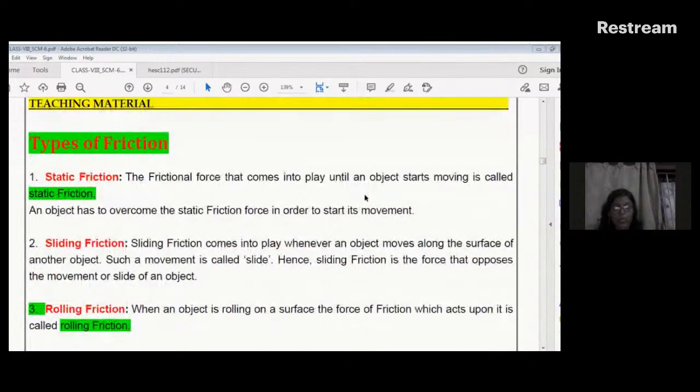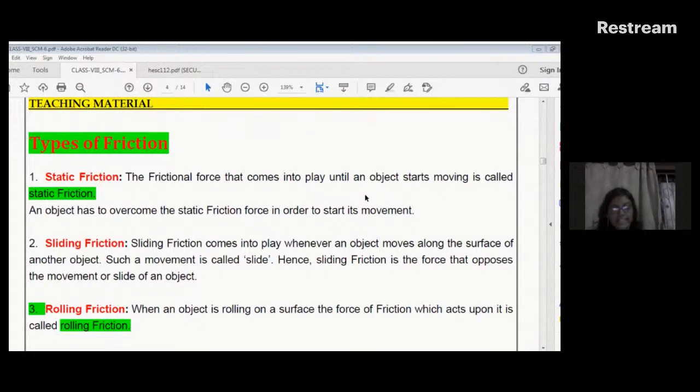Next is rolling friction. So, what is rolling friction? When one body rolls over the surface of another body, the resistance to its motion is called rolling friction. Rolling reduces friction, and it is always easier to roll than to slide a body over another.